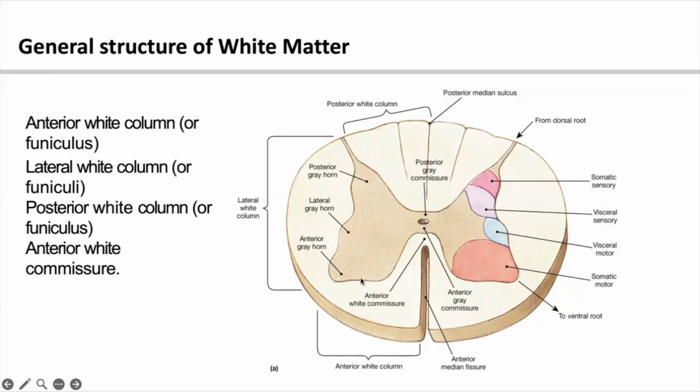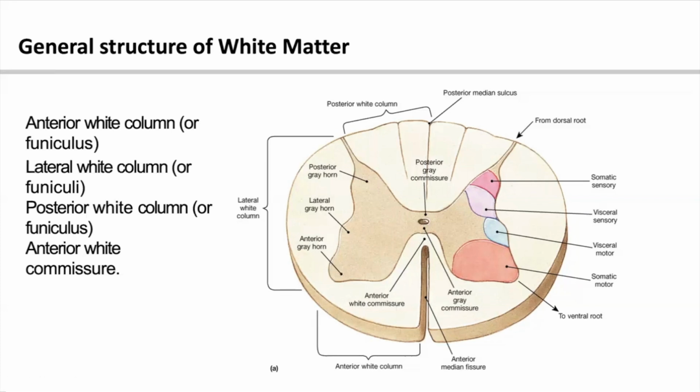This region here is the anterior part and is known as the anterior white column. And there is a region right in here in the center above the anterior median fissure, which is known as the anterior white commissure. What does it mean? The anterior white commissure is a region where the axons of the white column cross each other.